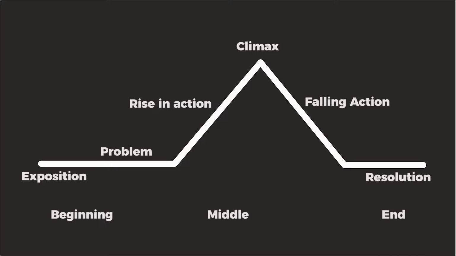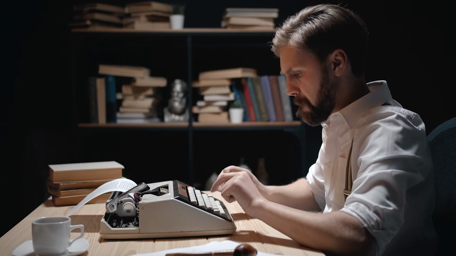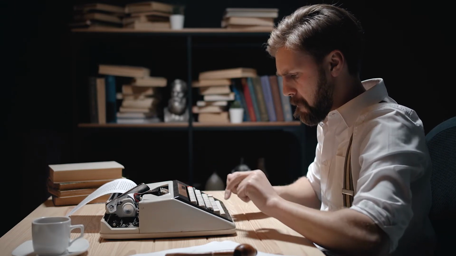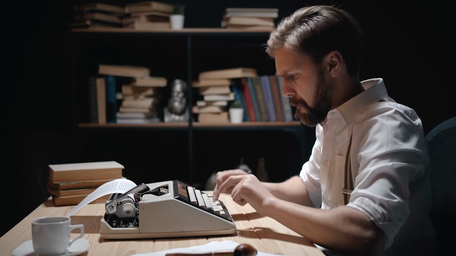Finally, the resolution is the conclusion of the story and is the part of the story where the conflict is resolved. The resolution is often the most memorable part of the story as it is the moment of catharsis for the protagonist and the audience. By following this structure, you can create powerful and effective videos that use simple storytelling techniques.